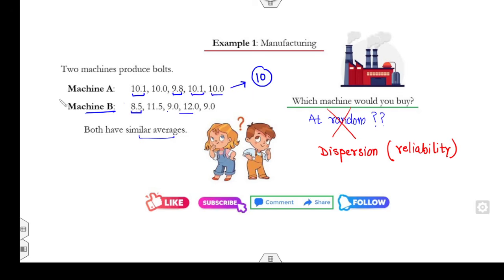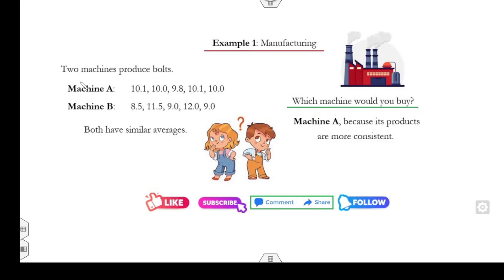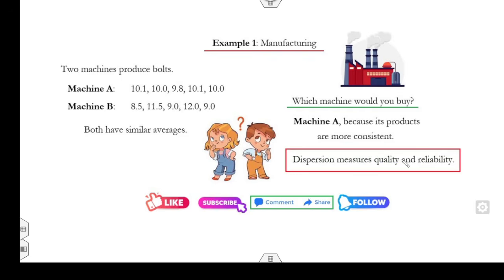So clearly you can prefer to buy machine A because its products are more consistent towards the average of 10. So how can you measure the consistency? Consistency is measured based on dispersion. Therefore, you can say dispersion measures quality and reliability.